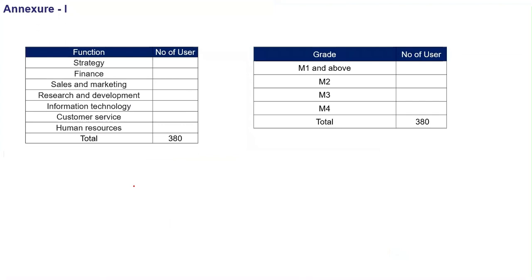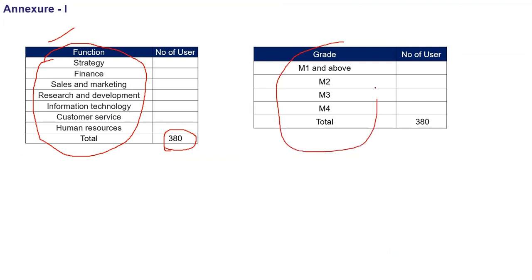For the 380 users who have shared their passwords, we have presented this data function wise, that is, out of these 380 users, how many are related to which department or function. Similarly, we have presented this data grade wise as well. That gives more weightage to your observation.